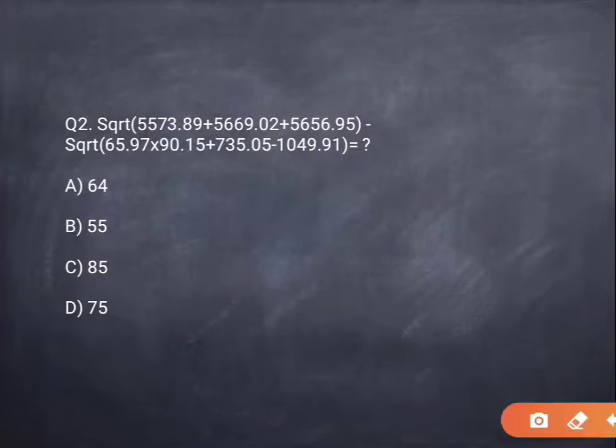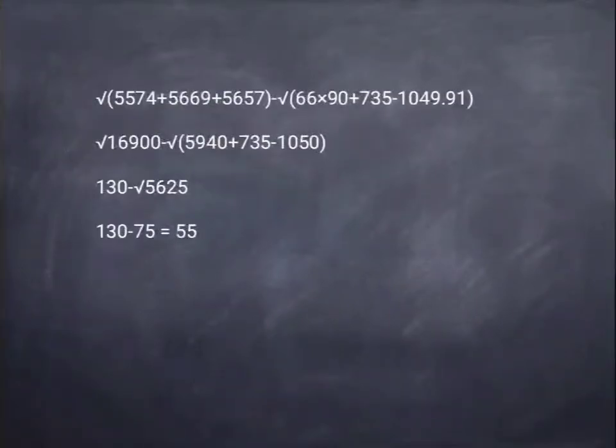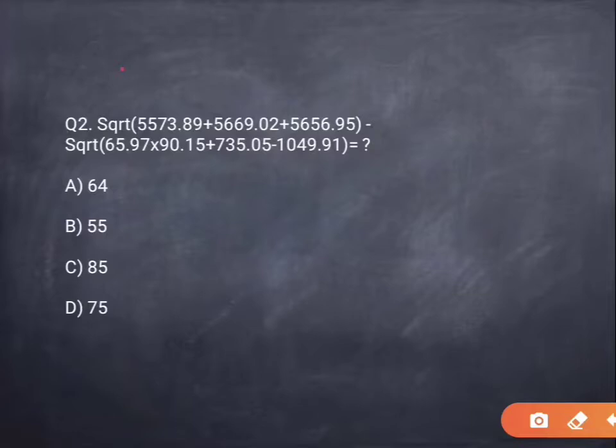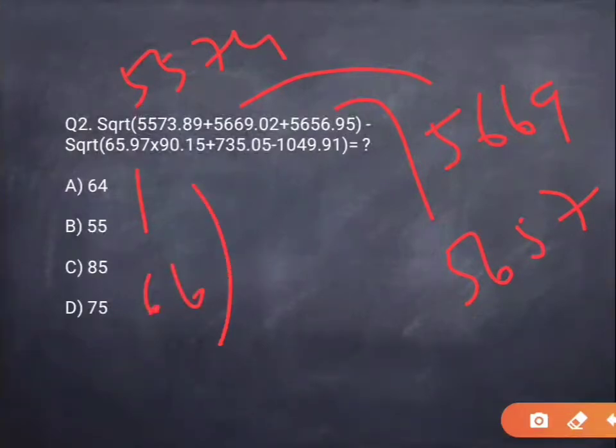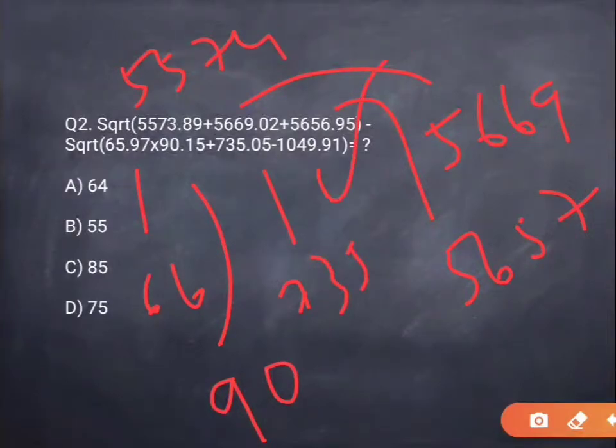So the first thing you have to do is approximate all the values. So this becomes 5574, this becomes 5669, and this 5657, this 66, this 90, this 735, and this 1050.